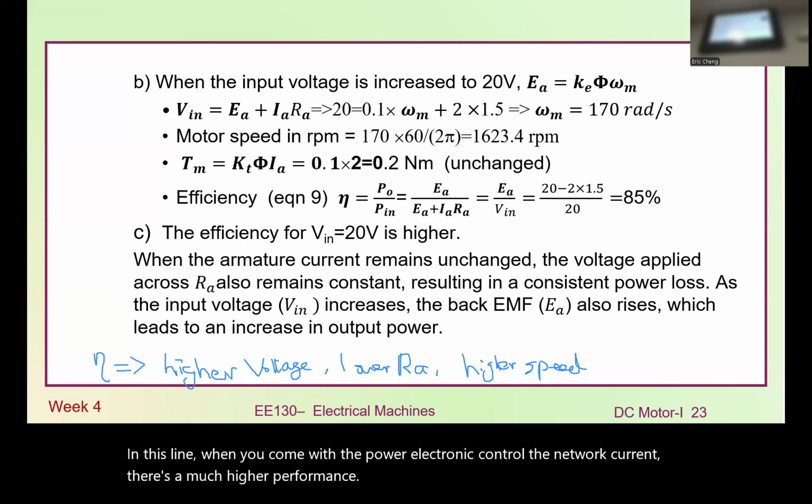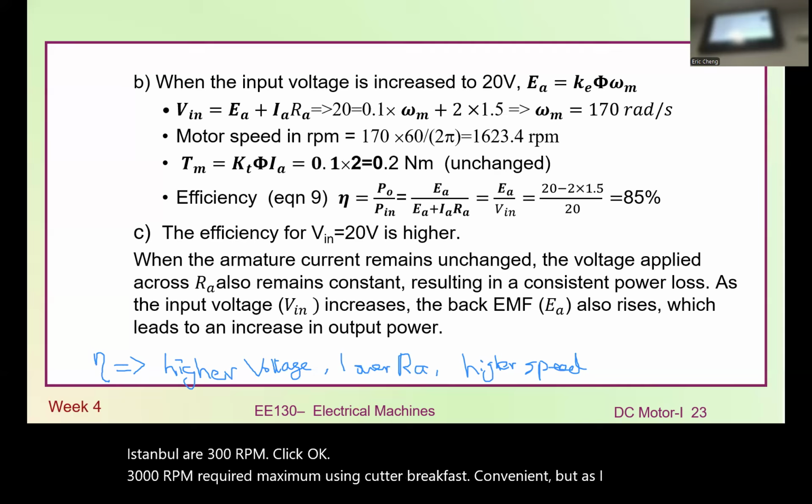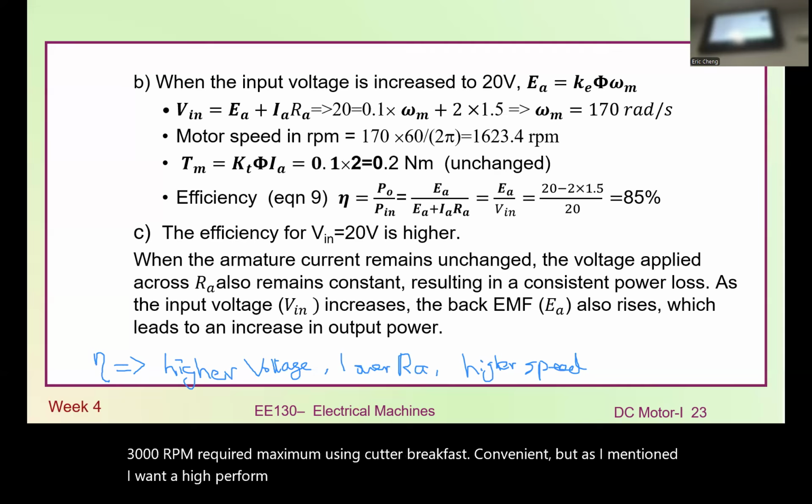With a carbon brush you can't have a high-speed motor. This kind of motor is 3000 RPM at maximum. If I want a high performance motor, at 30,000 RPM, then carbon brush is impossible.